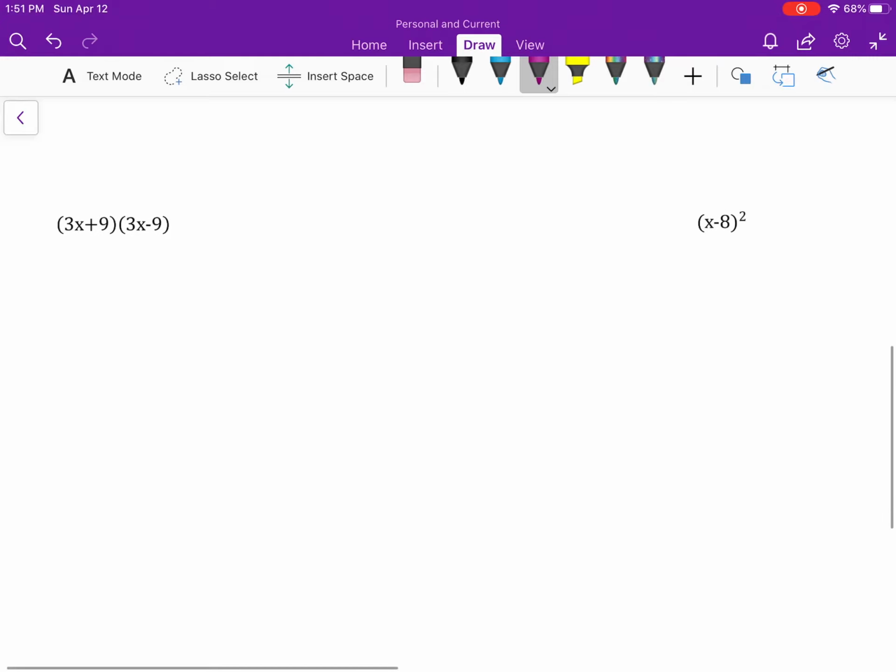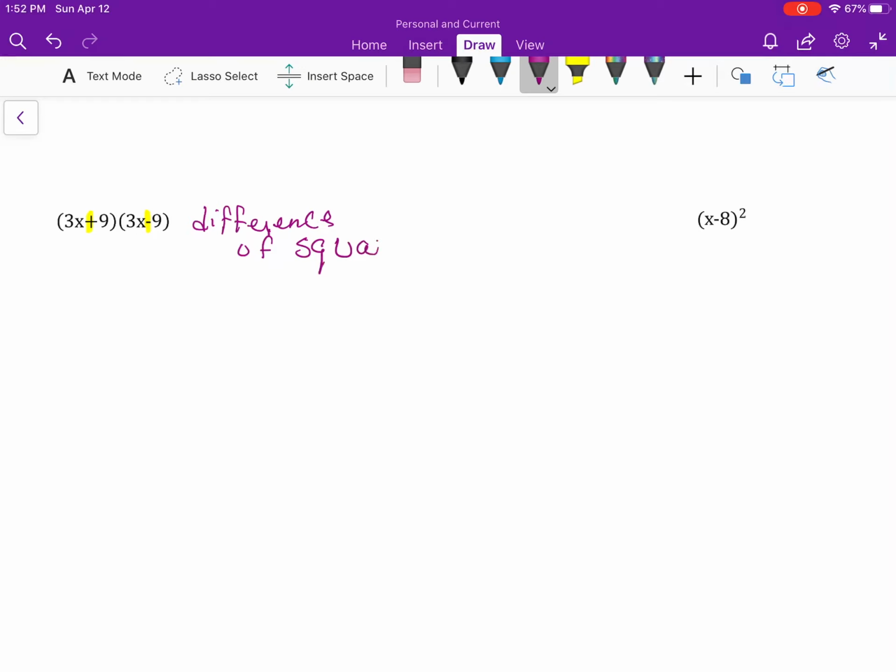We have two more. And these are our special polynomials. I notice on this one over here that I have 3x plus 9 and 3x minus 9. I know that this is a difference of squares. And I'm going to use our shortcut formula, which is a squared minus b squared.